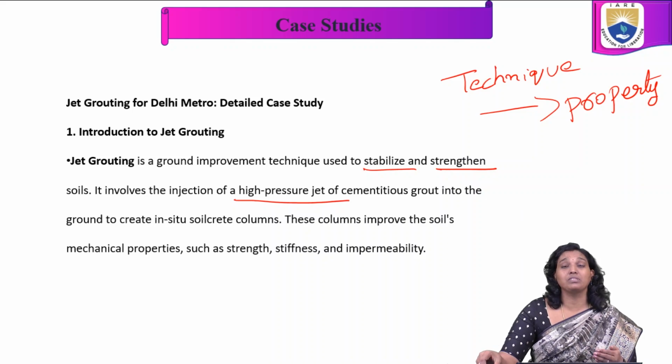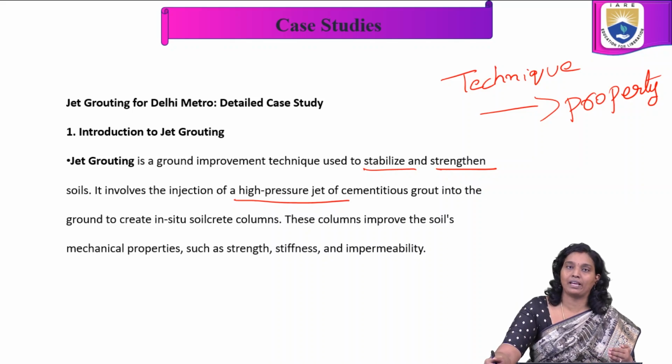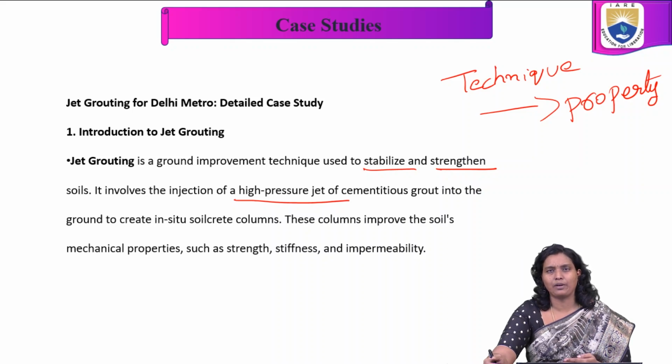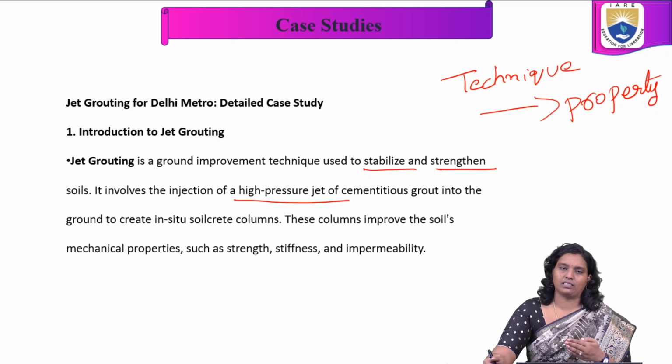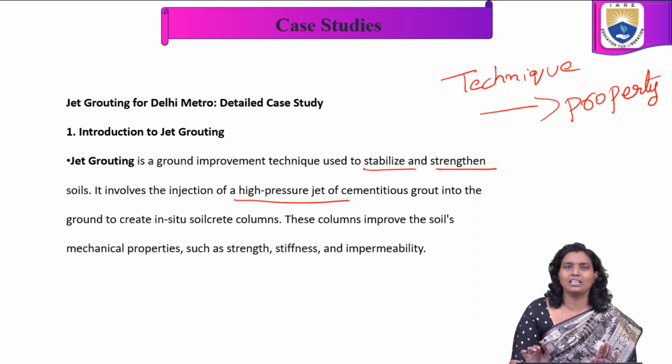These columns improve the desired properties we require: strength, stiffness, impermeability. It depends upon what we provide for this jet grouting. Based on jet grouting, we get these desired properties of the project. So jet grouting is a ground improvement technique used to stabilize and strengthen the soil.